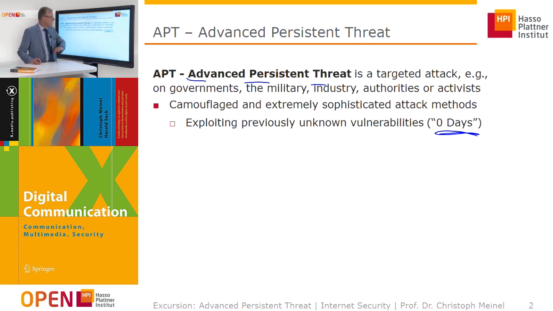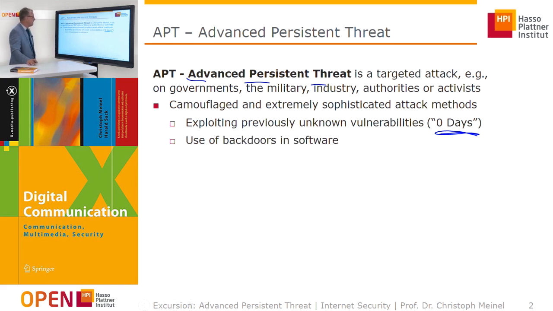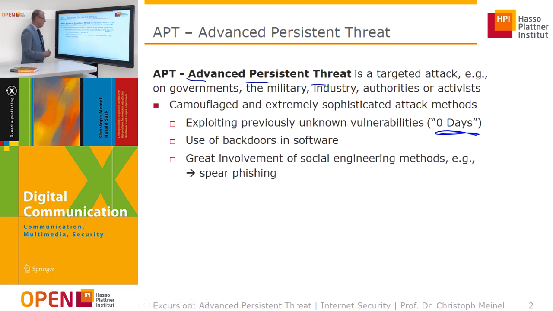So such zero days are very much liked in the hacker world, and very expensive. For such APTs, often such unknown vulnerabilities are used. Backdoors in software are used. Sometimes it's not clear whether a government insisted that a software provider design such backdoors inside its software.